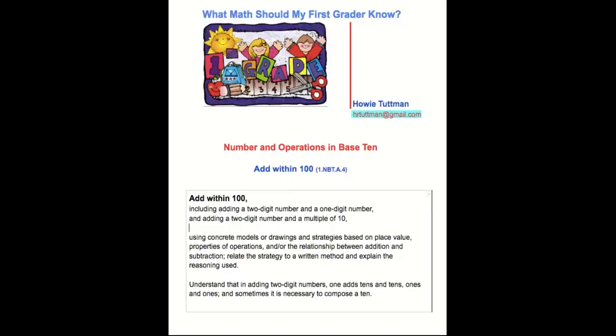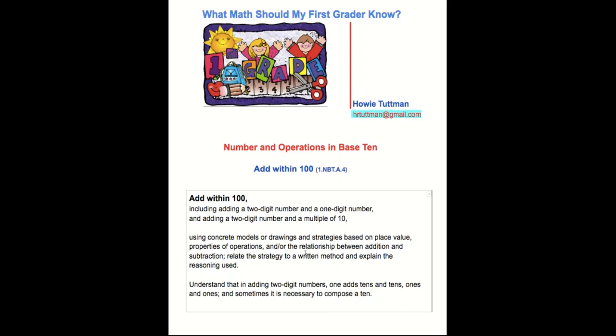If you're interested, here's the complete standard that this video, Adding Within 100, is based upon. Add within 100, including adding a two-digit number and a one-digit number, and adding a two-digit number and a multiple of 10, using concrete models or drawings and strategies based on place value, properties of operations, and/or the relationship between addition and subtraction.